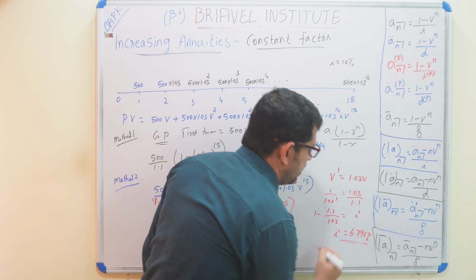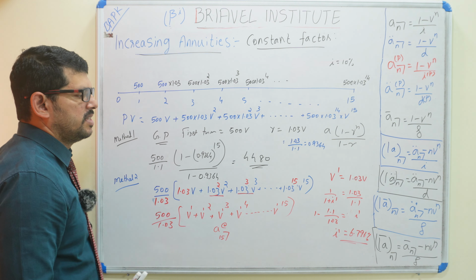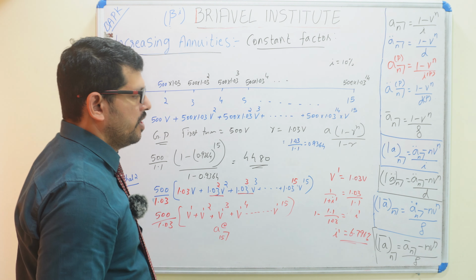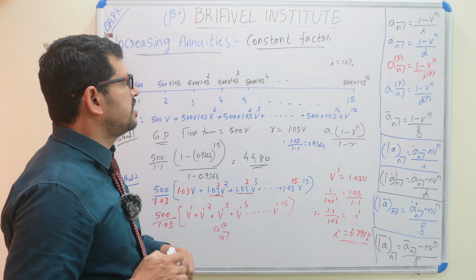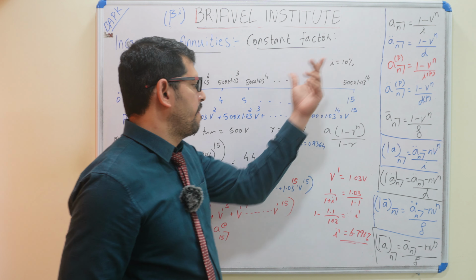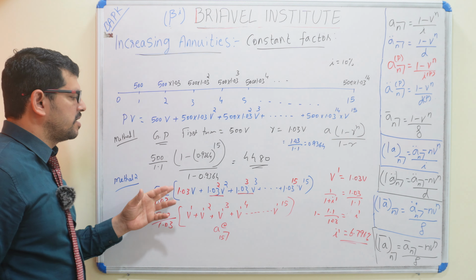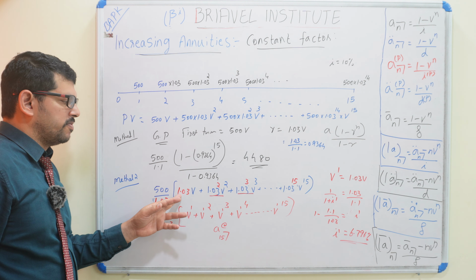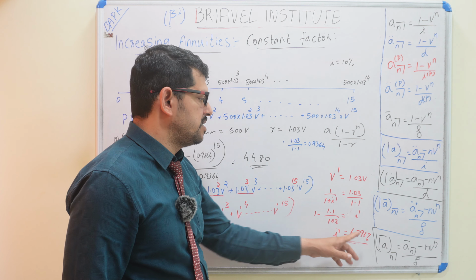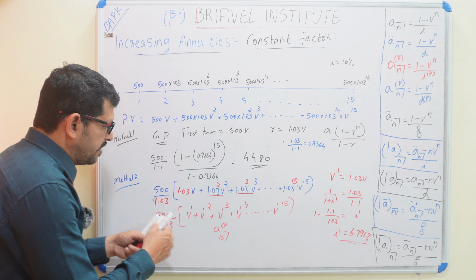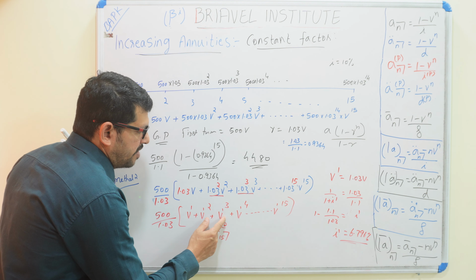I dash I got 6.796 percentage. So now I got the new interest rate. Here we considered interest rate is 10 percentage, and increasing interest rate is 1.03 every year. But now I am considering the i dash is 6.796. So this one we can write v dash square, v dash cube.